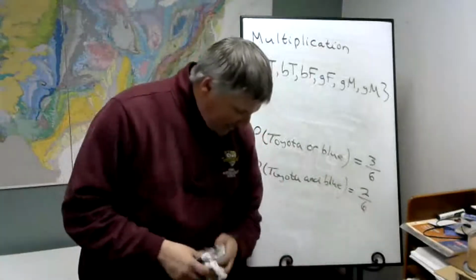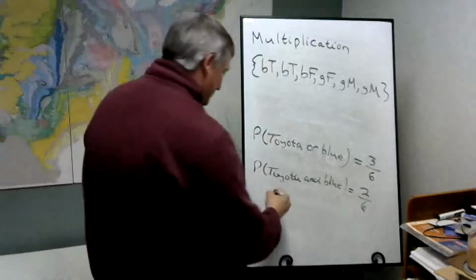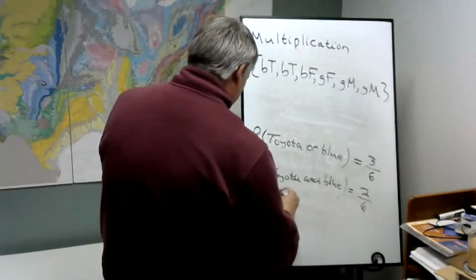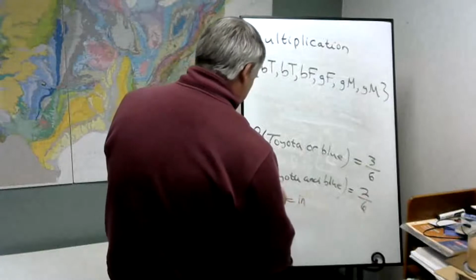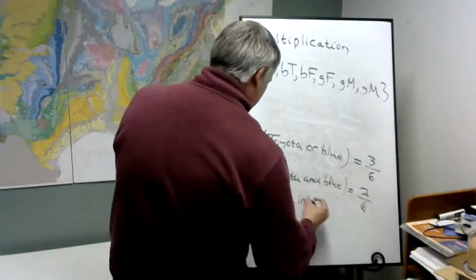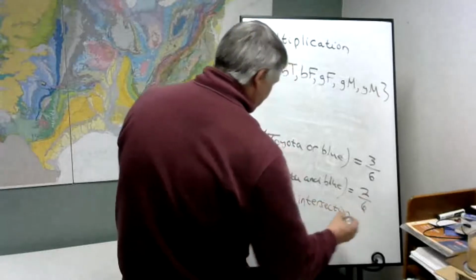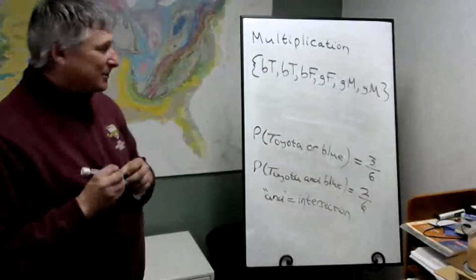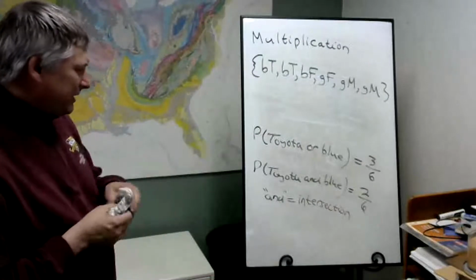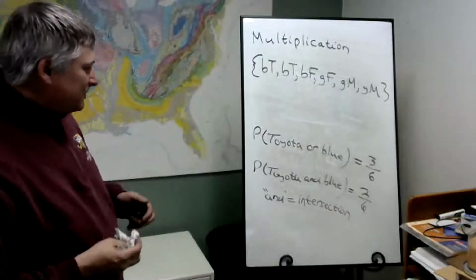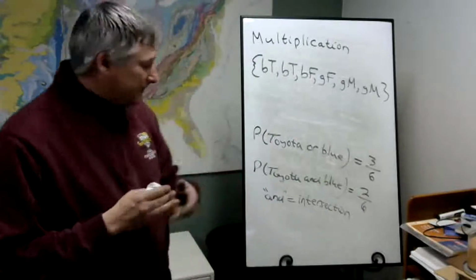So now there's a trick here. First off, I want to talk a little bit about and. And equals what's called an intersection. So what's going on here is we're looking at where 2 events are overlapping.